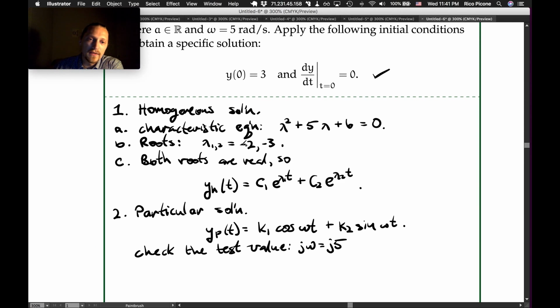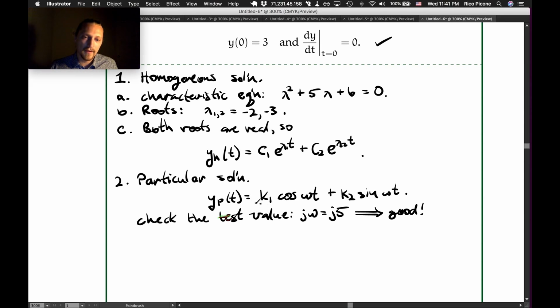And we see that there aren't even any imaginary components in our roots. There's no way one is j5, so we're good. Okay, so we have this particular solution that we propose.